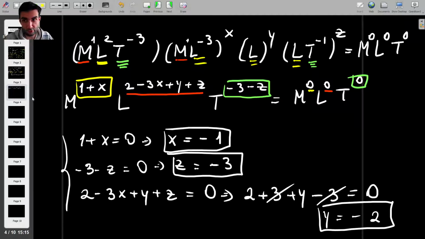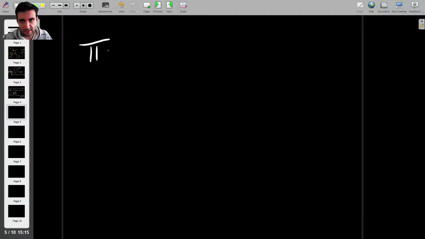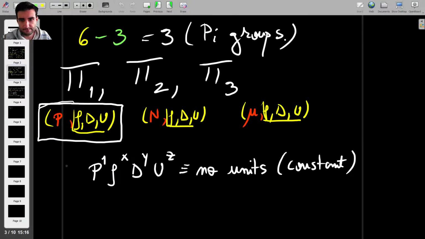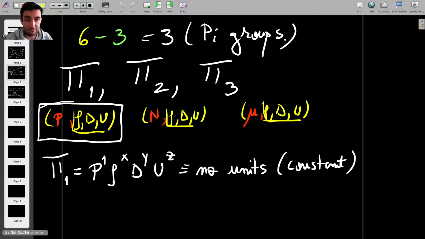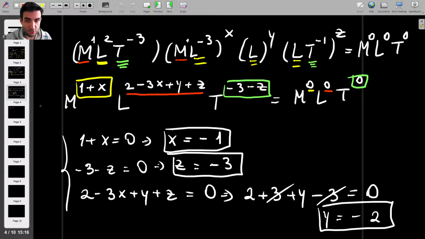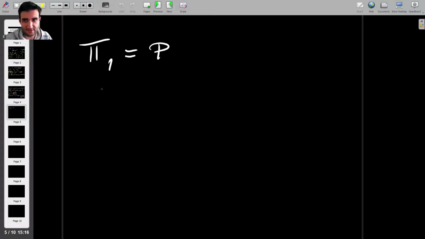So the first pi group is therefore going to be equal to, probably should have written it here as well like this. The first pi group is P, power, remember this is to the power 1. Then we have rho to the power x. So rho is rho, obviously, but x is minus 1, so this is rho to the minus 1.